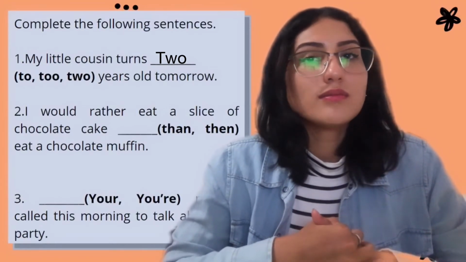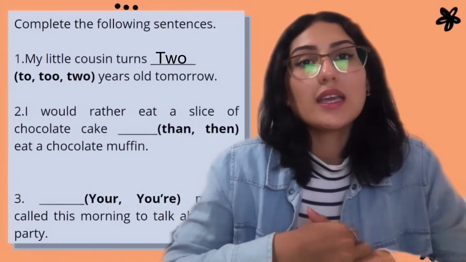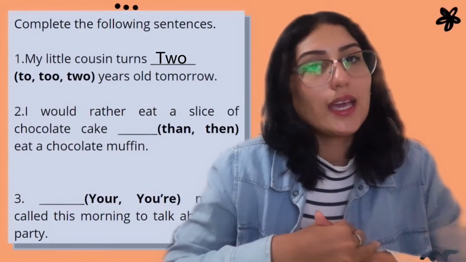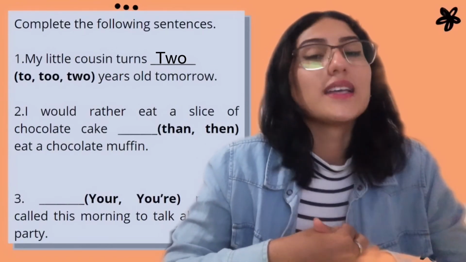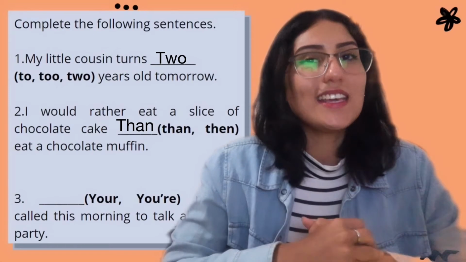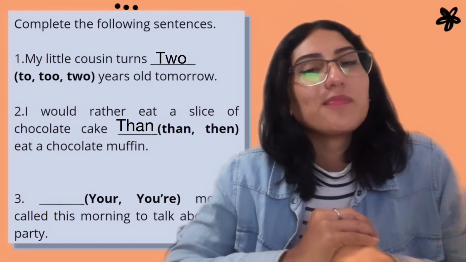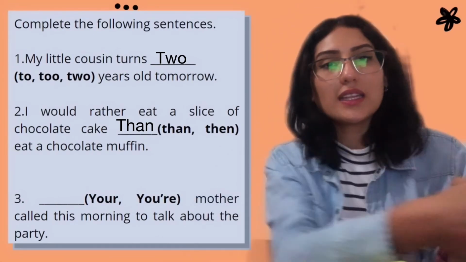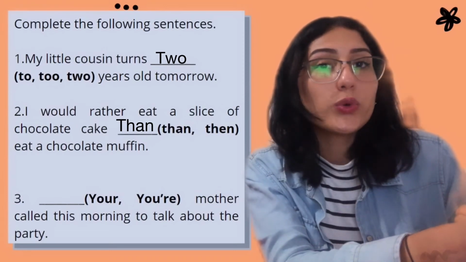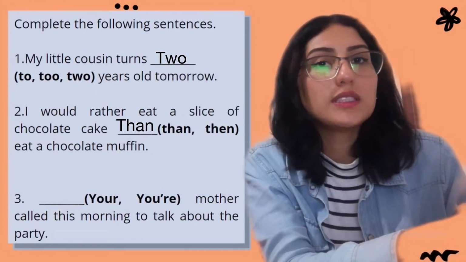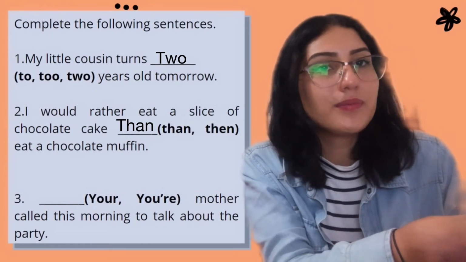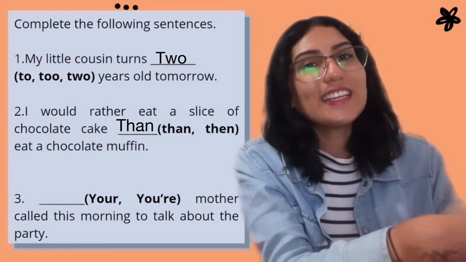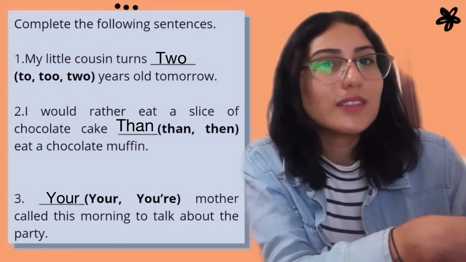And the second one, I would rather eat a slice of chocolate cake, exactly, than eat a chocolate muffin. And the last one, your mother called this morning to talk about the party. Exactly, guys, it is the first one.